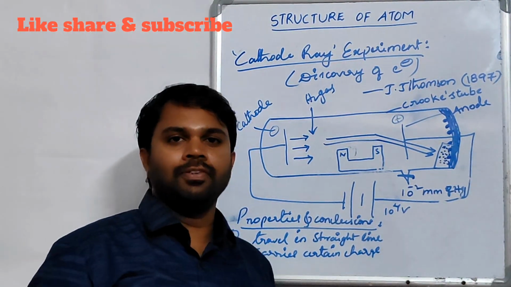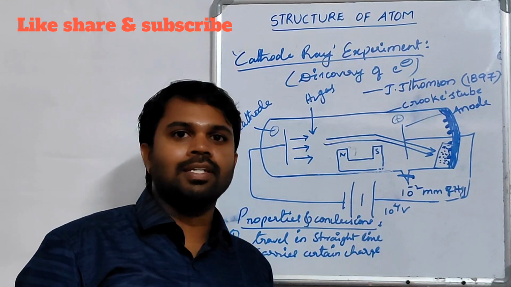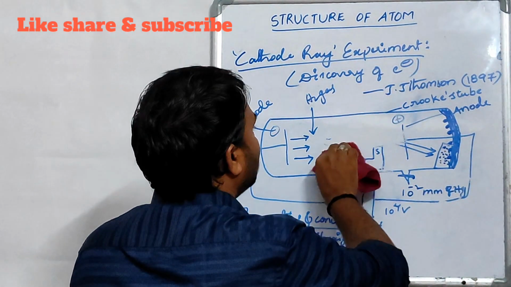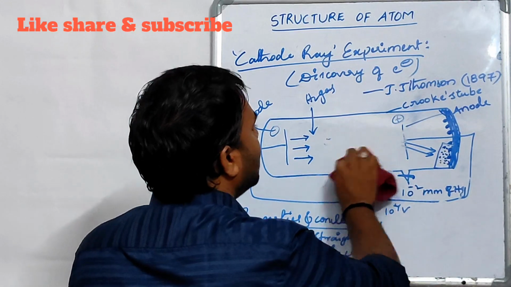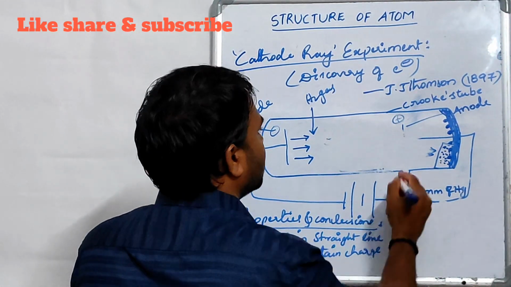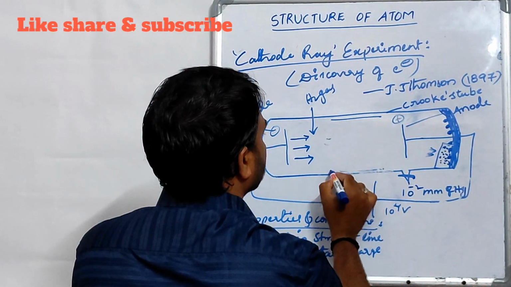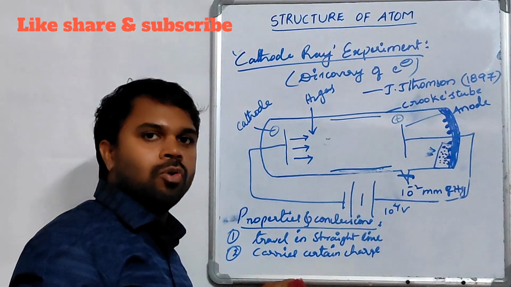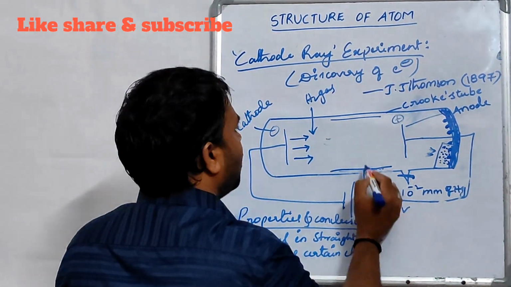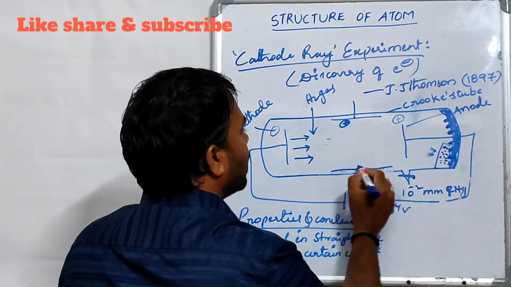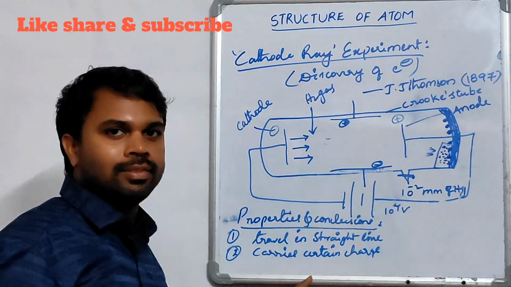Now he wanted to identify which charge is present on these rays. For that, he placed two metal plates inside this tube in between the electrodes. These two plates are connected to an external battery. This plate carries positive charge. This plate carries negative charge.